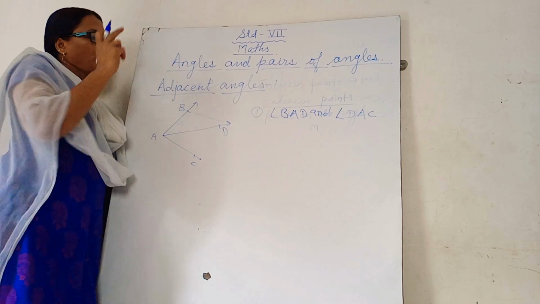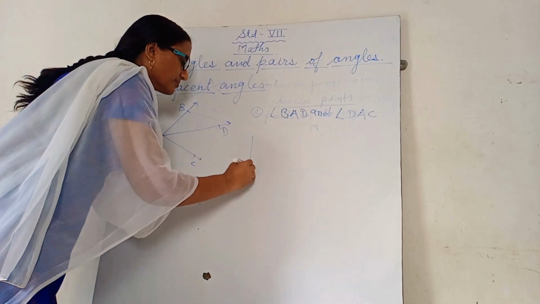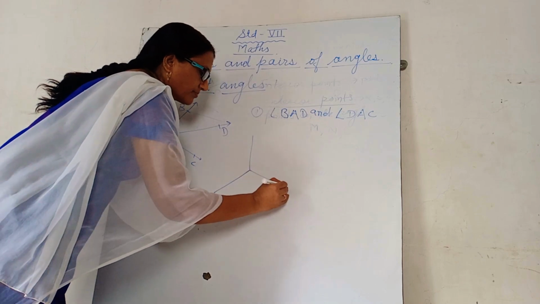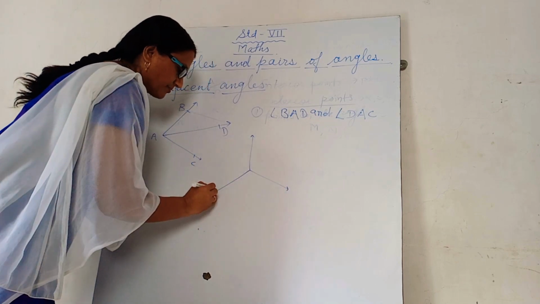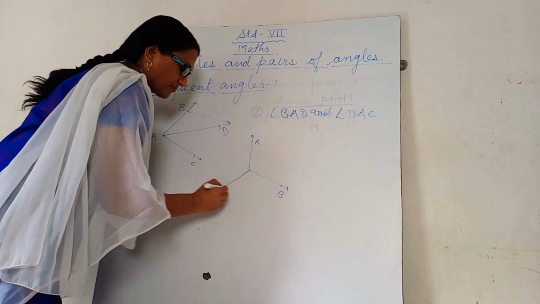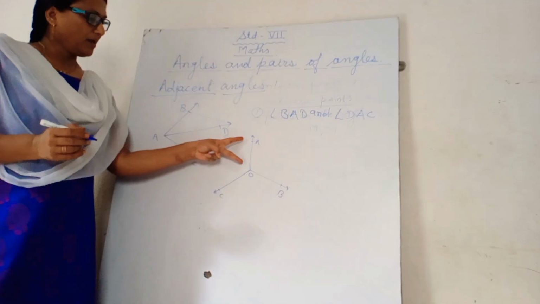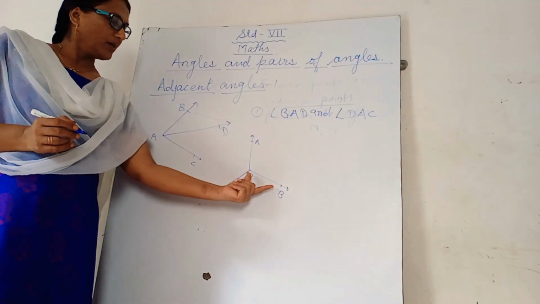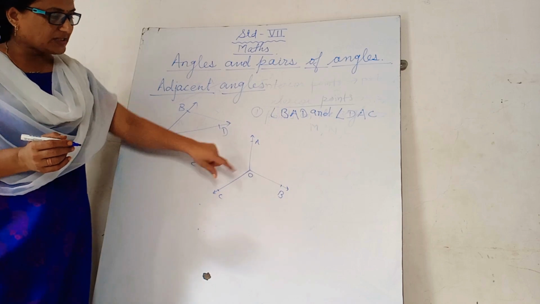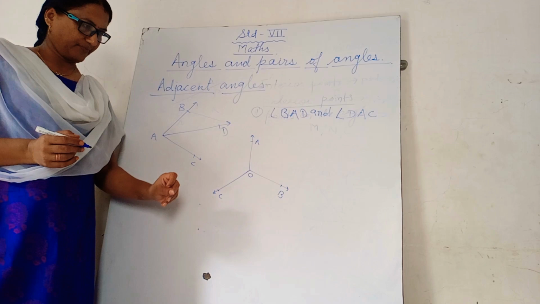Okay. One more diagram. Ray OA, ray OB and ray OC are meeting at O, which means a common vertex.